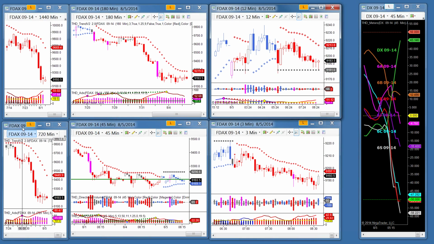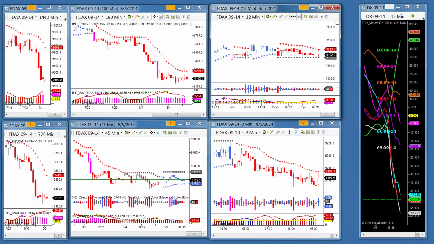1440 is going down. 720 minute is going down, but be aware that this is at 80.47. That's pretty high, okay? On the 180 minute, we have not completed that retracement. That retracement is 92.82. So let me shrink this up.